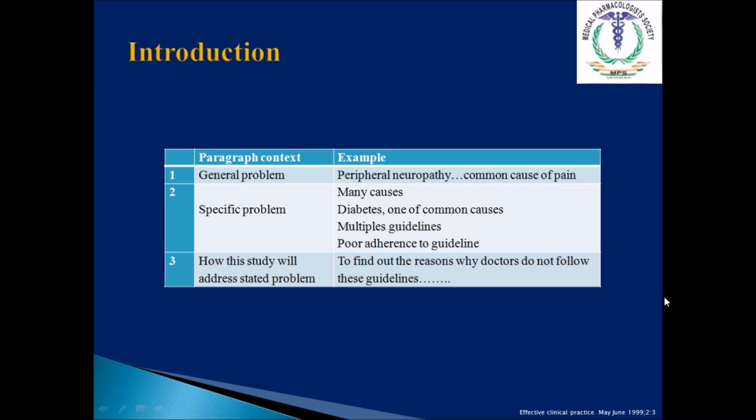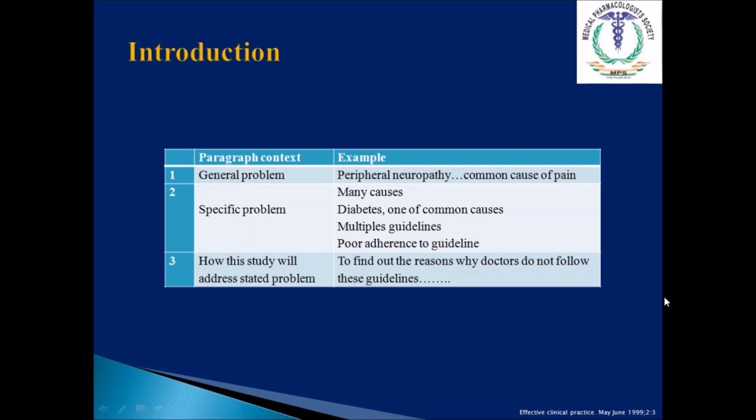In this area I have chosen peripheral neuropathy, and I did a survey. For example, hypothetically, I did a survey to understand the guideline adherence of physicians in the management of peripheral neuropathy. So how do I write the introduction? I write a general problem, then I go to a specific problem, and then I go to how my study is going to address this problem.